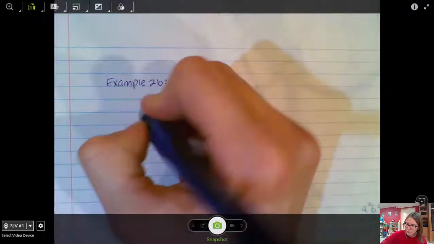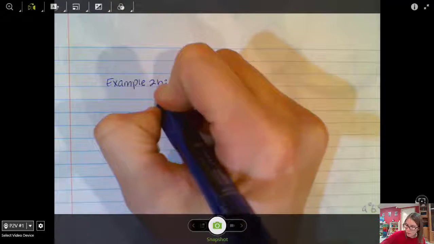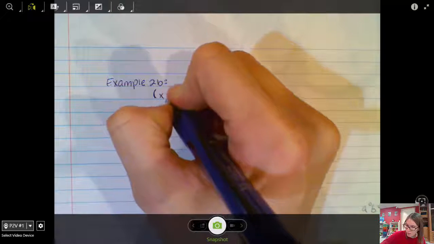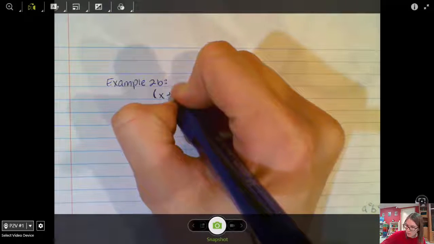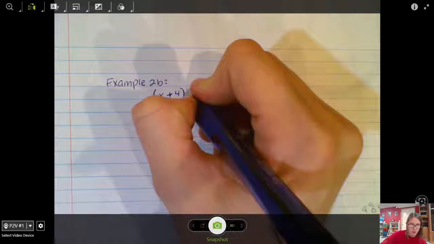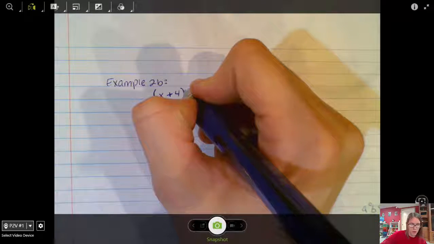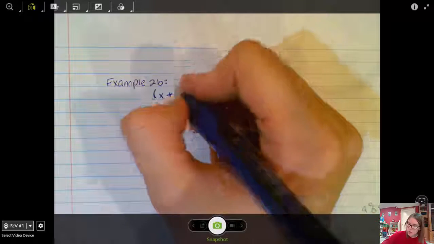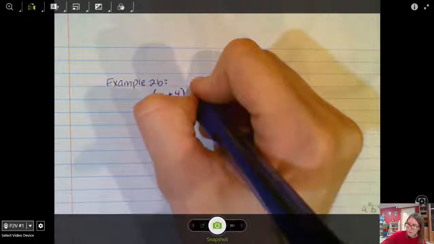So the example we're going to do here is x plus 4 to the 4th power. And really, this one wouldn't be terrible to actually multiply out by hand, but it's still not really ideal, mostly because there's a lot of room for error.